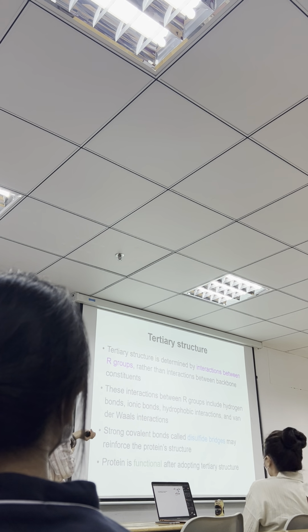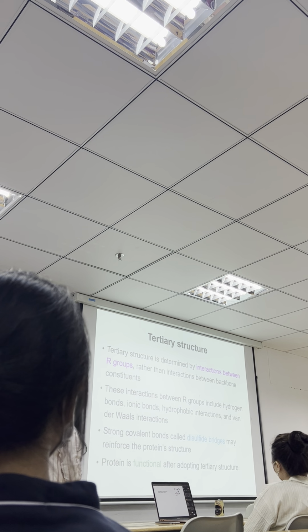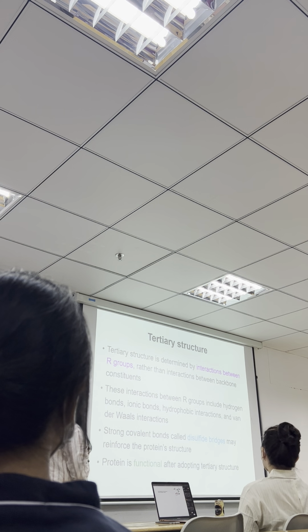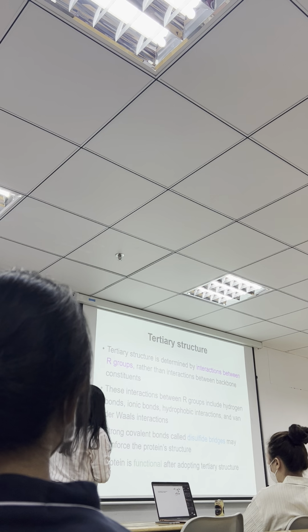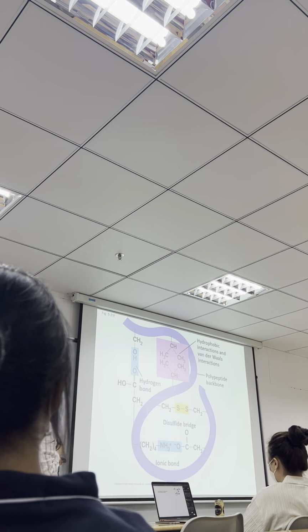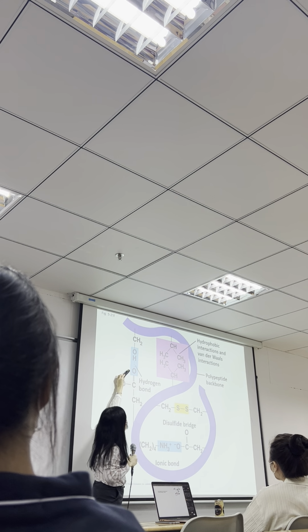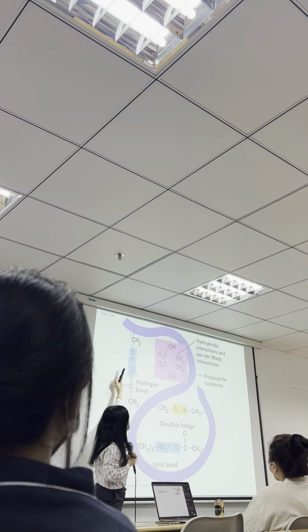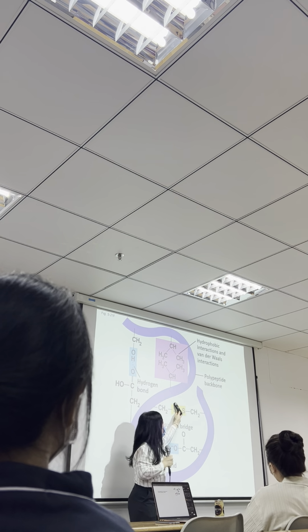In this case, it can form several kinds of chemical bonds, for example hydrogen bond, ionic bond, hydrophobic interaction, covalent bond, or van der Waals interaction. For example, the two side chains can form a hydrogen bond, hydrophobic interaction, or covalent bond.